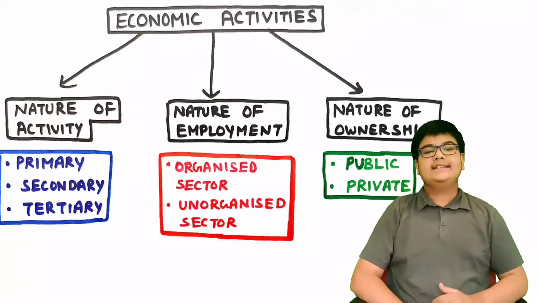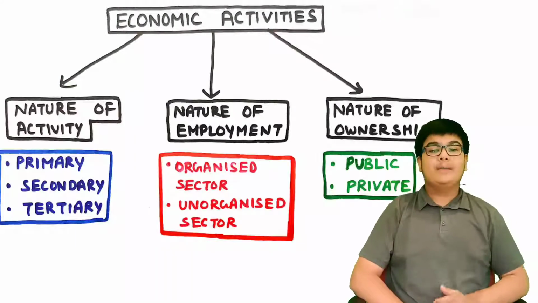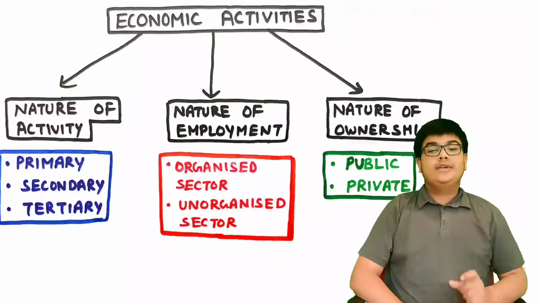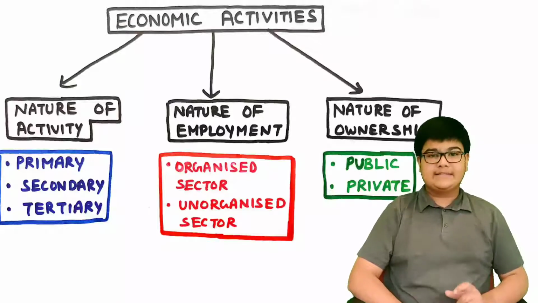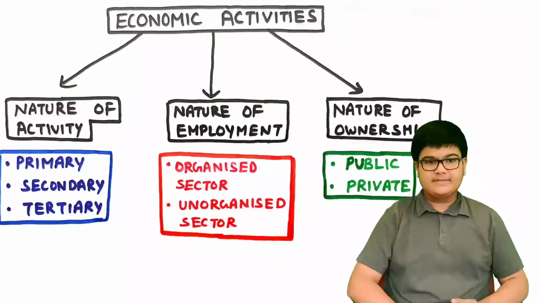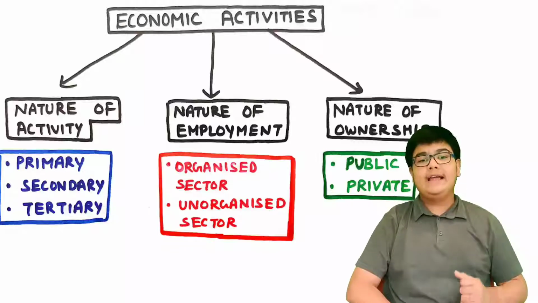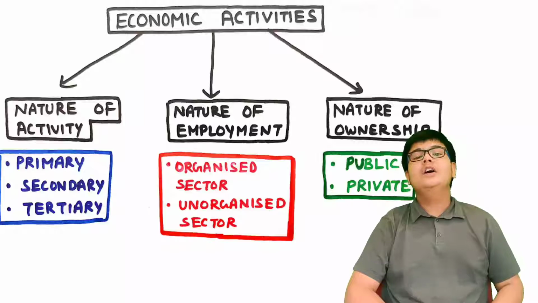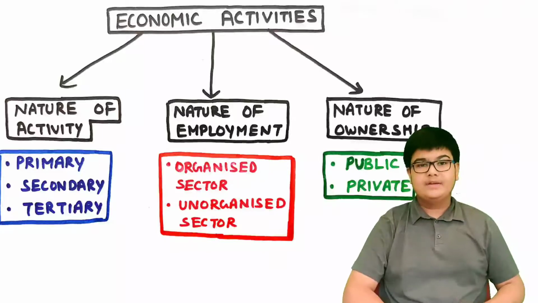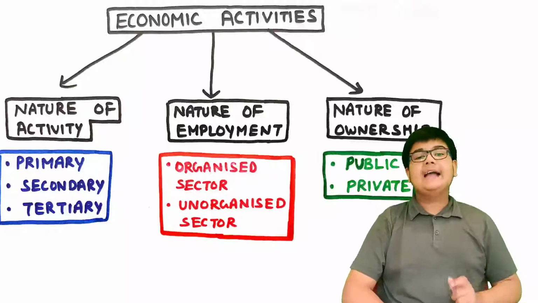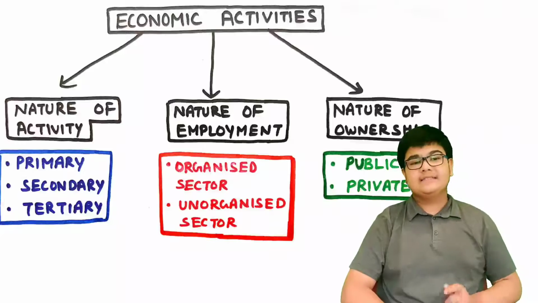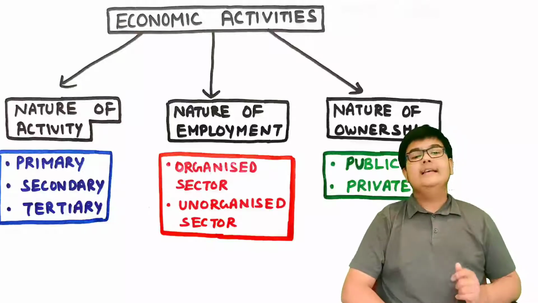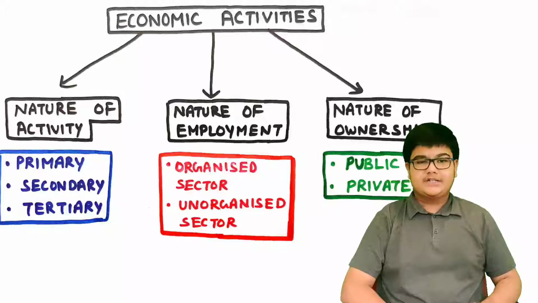Now, let us understand the classification of economic activities. Economic activities can be classified on the basis of three factors: first, the nature of activity; second, the nature of employment; and third, the nature of ownership. On the nature of activity, economic activities are classified into primary, secondary, and tertiary sectors.